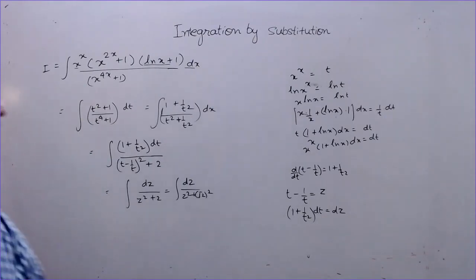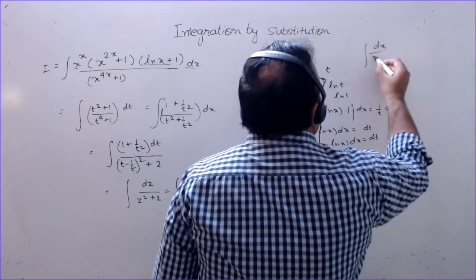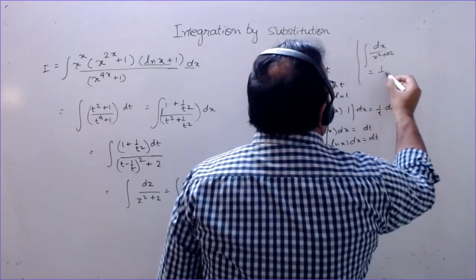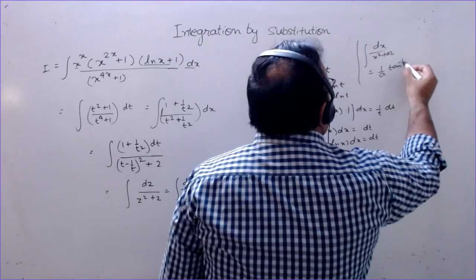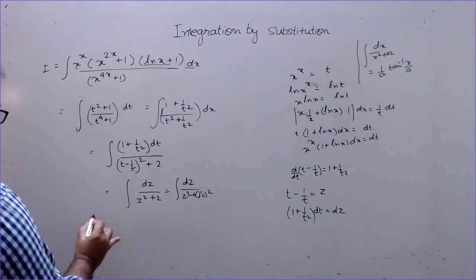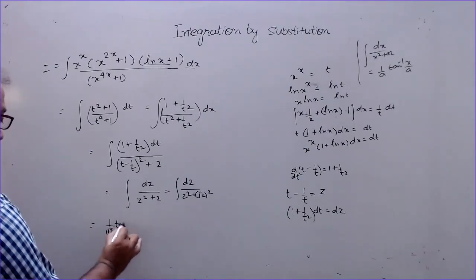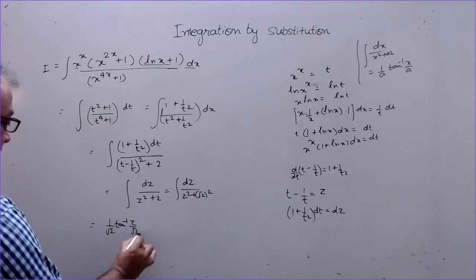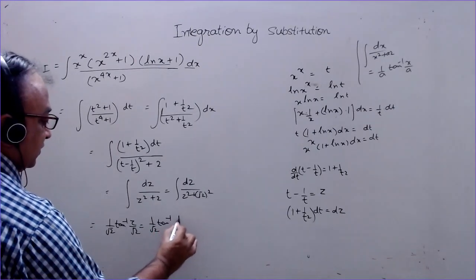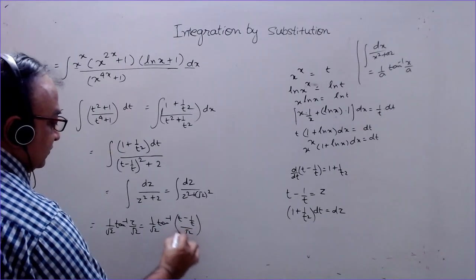So this is of the form dx over x square plus a square is equal to 1 by a tan inverse of x by a. So 1 by root 2 tan inverse of z by root 2, putting the value of z, t minus 1 by t by root 2 plus c.